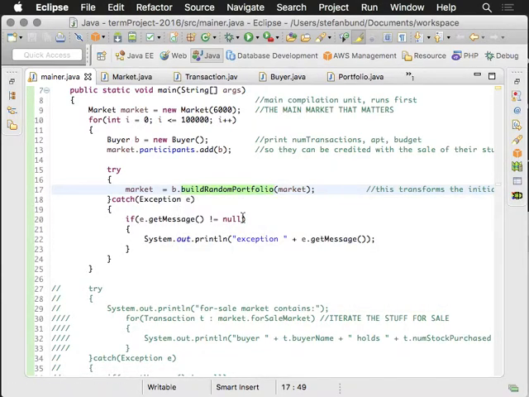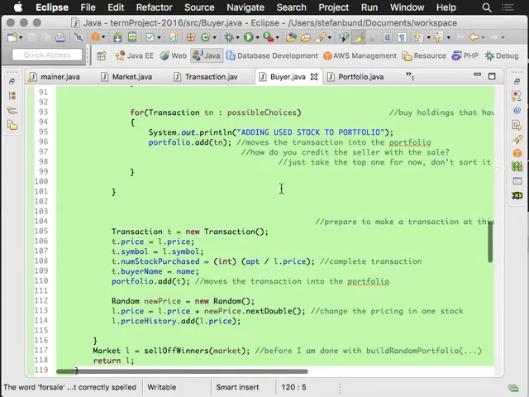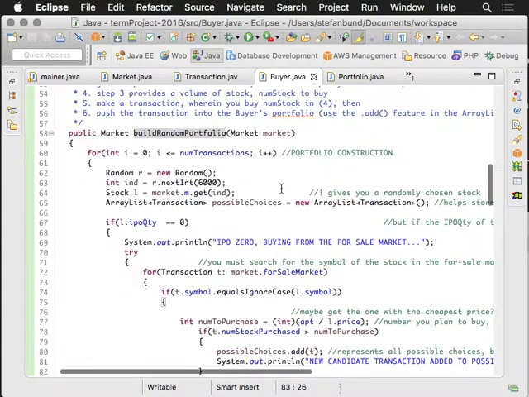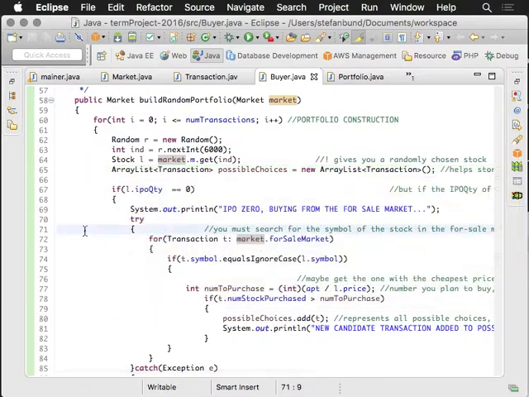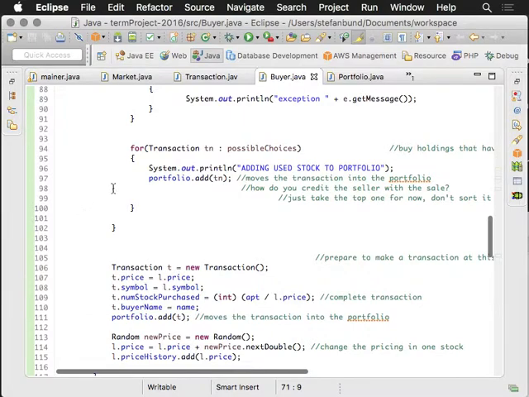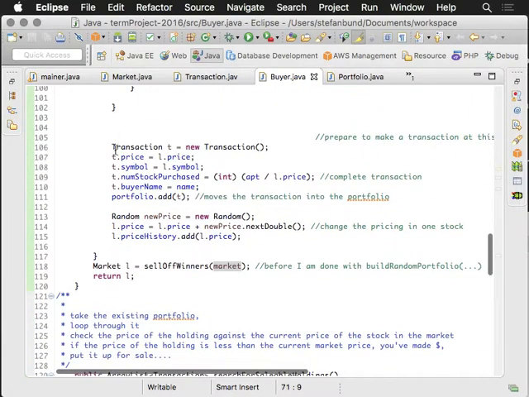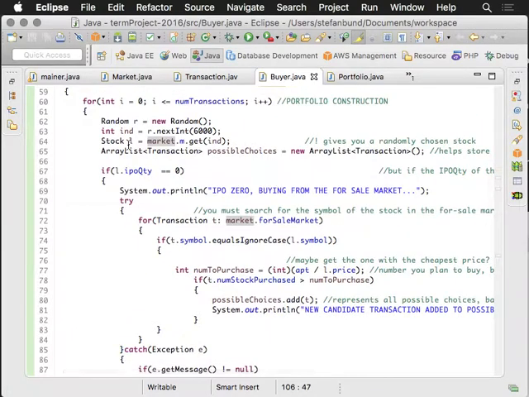And we can kind of go in there. So build random portfolio is going to take the market, and then it's going to grab a stock that's within that market. And this is a new piece of code, so we're going to go over that. But what it's going to do is it's going to grab a transaction based upon the random stock that you had created.